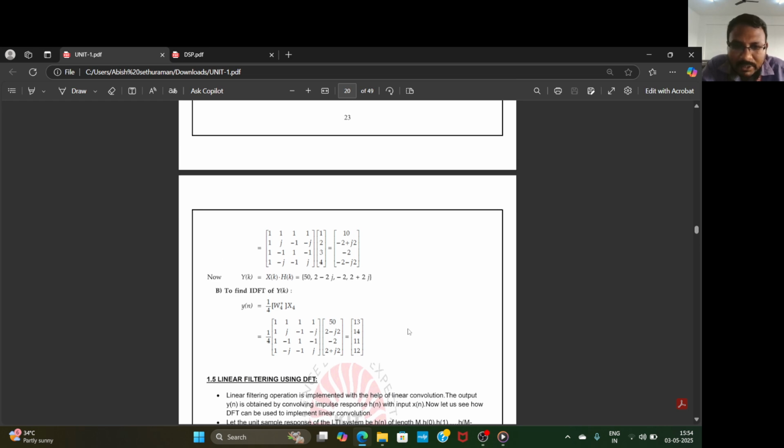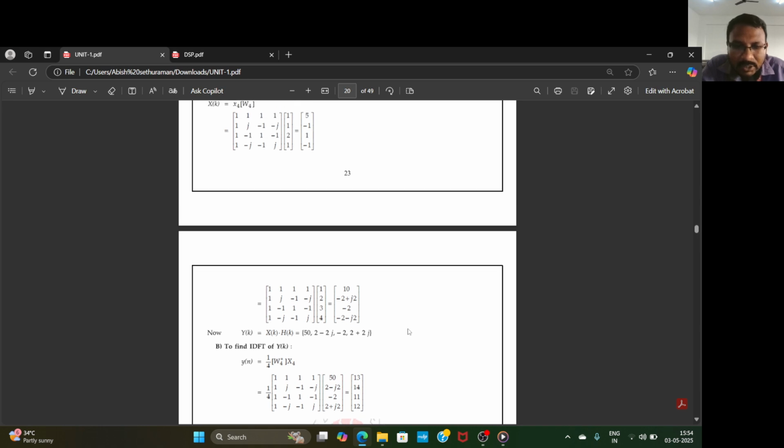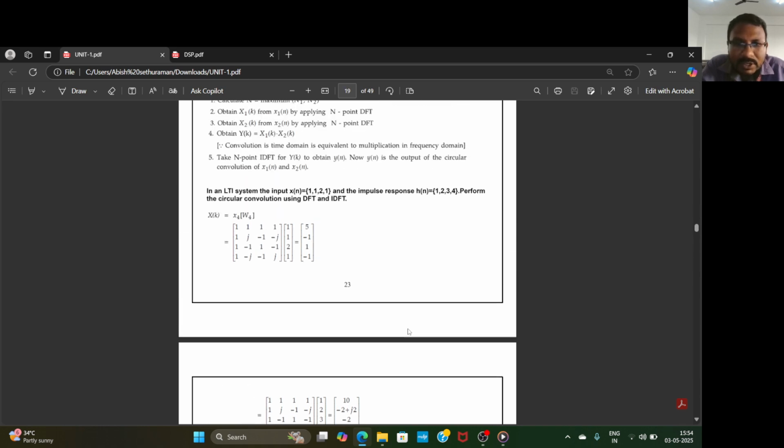So this is the matrix method, and we are also using the DFT and IDFT method, where we directly substitute in the same steps instead of the matrix formula. For the direct formula, we know the discrete Fourier transform formula: capital X of k equals summation n equal to 0 to N minus 1 of x of n e power minus j 2 pi nk divided by capital N. Using the formula we obtain the first sequence. For the second sequence we apply the same formula. Then we have performed the DFT in the first stage.